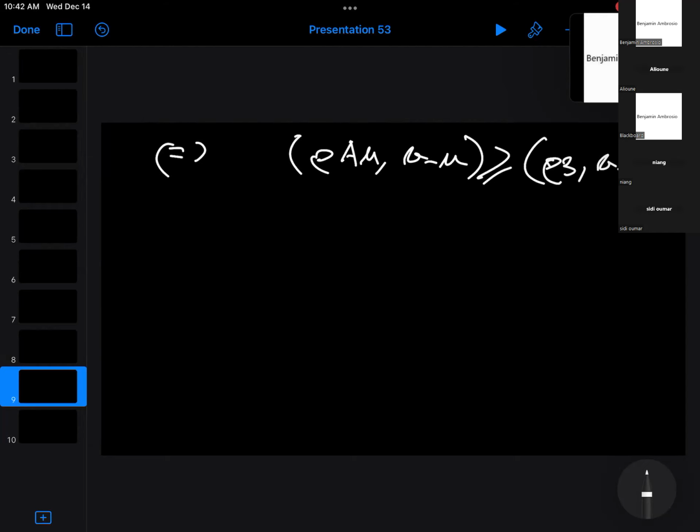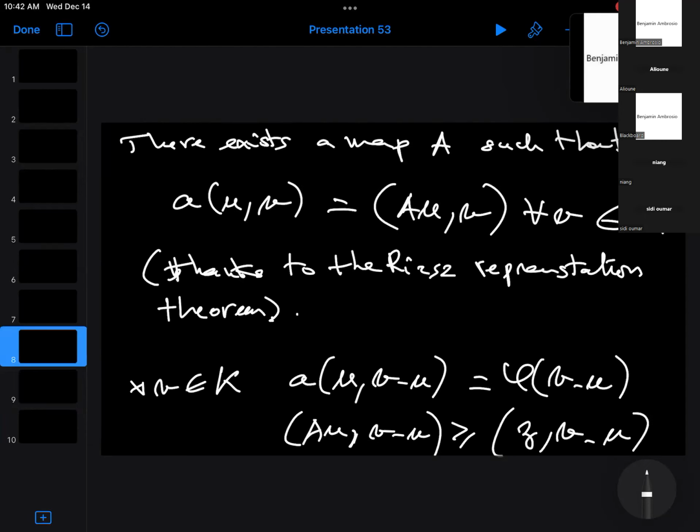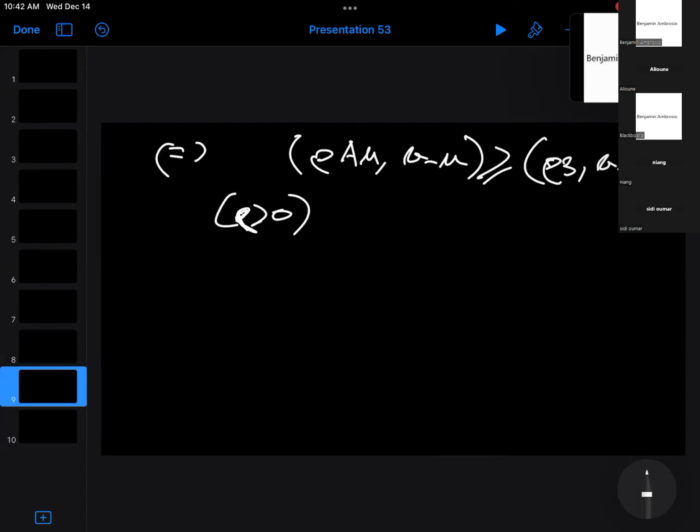Fix any positive number rho, and those two are equivalent. I will not change my inequality by multiplying by a rho. Why do I use this rho? Because to apply the Stampacchia theorem, we will need to apply the fixed point contraction theorem. And this rho will make things work, okay?